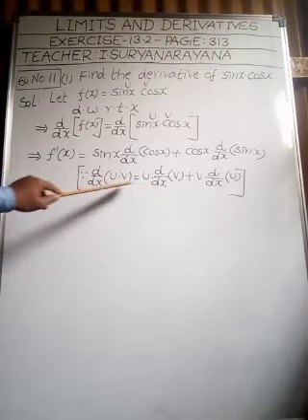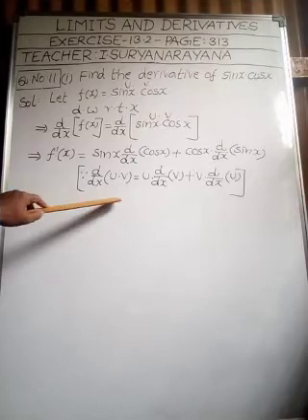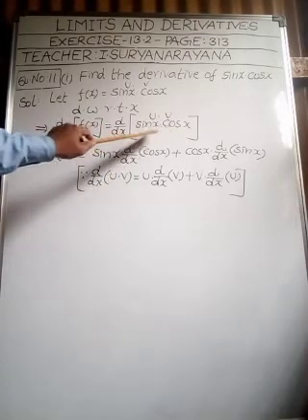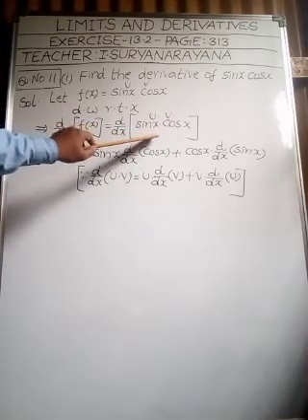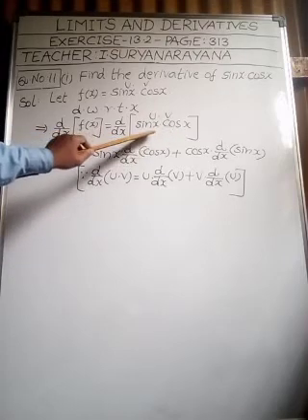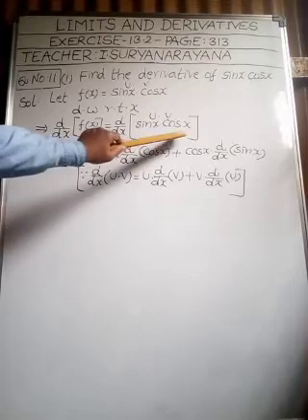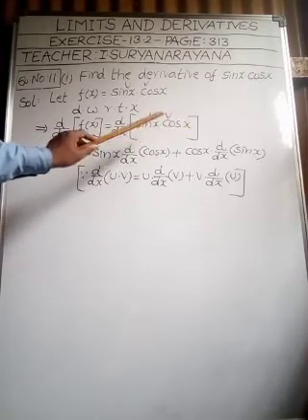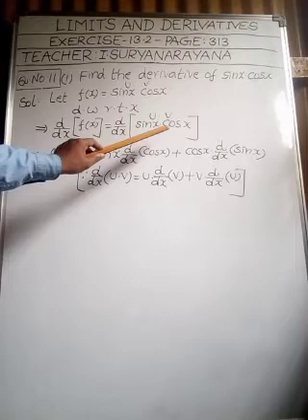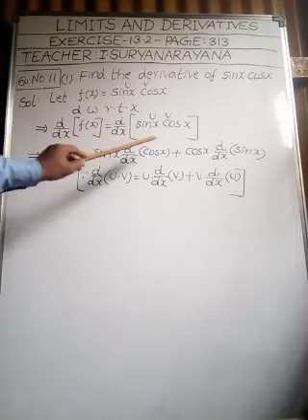We are using the product rule to find the derivative of this function, because here this function is a product of two factors. Sin x is one factor, cos x is another factor. So you should use the product rule to find the derivative of this function.